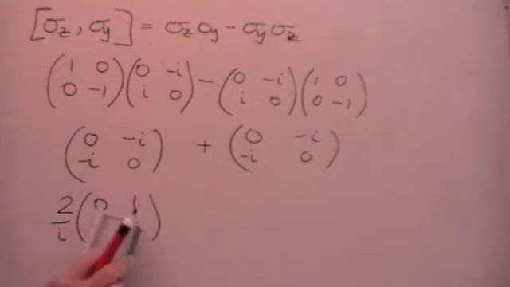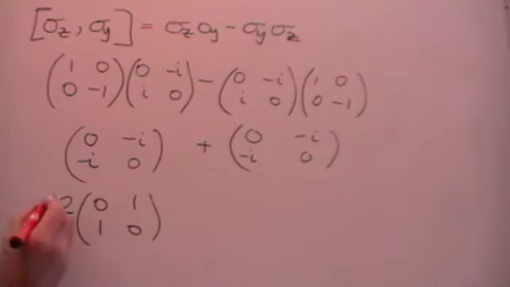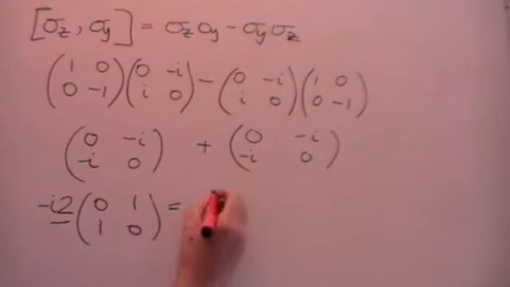Minus i times i, plus 1. And of course, if I multiply on the outside top and bottom by minus i, then I get minus i squared on the bottom, which is simply 1. And so this is equal to minus 2i times this here.